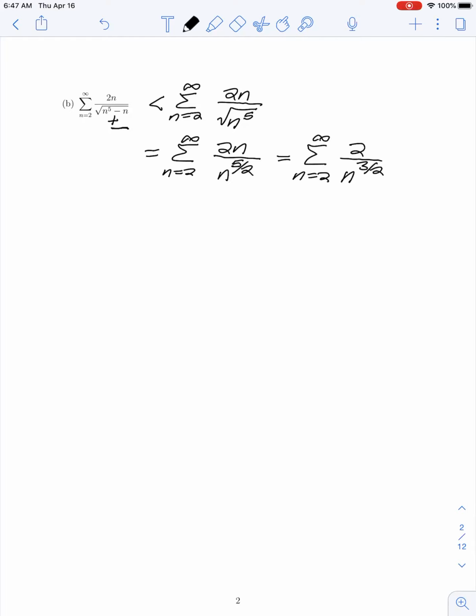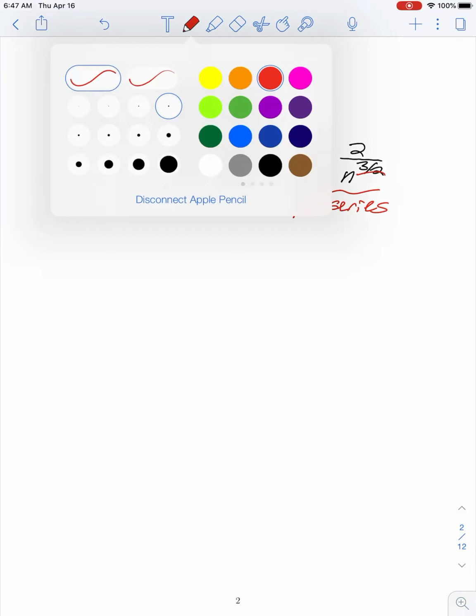So this simplified series that I'm left with is a p-series, where the power of p is equal to 3/2, which is greater than 1. So I know that this series converges. Therefore, this smaller series that I was given must also converge by that direct comparison test.